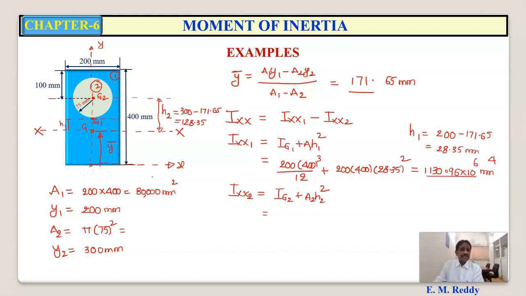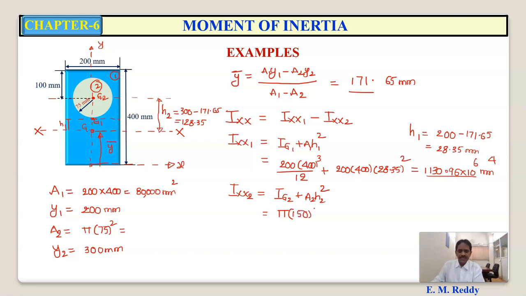Now for a circle, what is the moment of inertia about the centroidal axis? Yes, it is pi d raised to 4 by 64. Pi into diameter is 150. Radius is given 75.